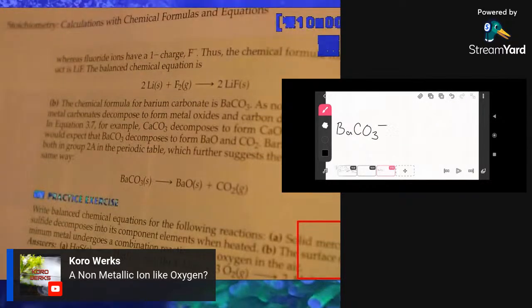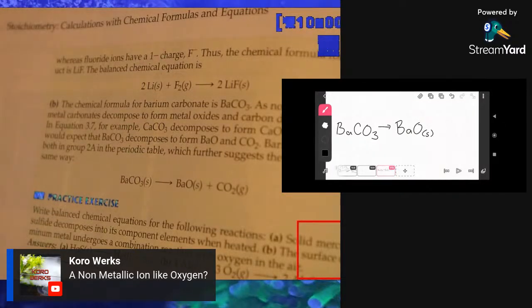It does a reaction: BaCO3 yields BaO solid plus CO2 gas.